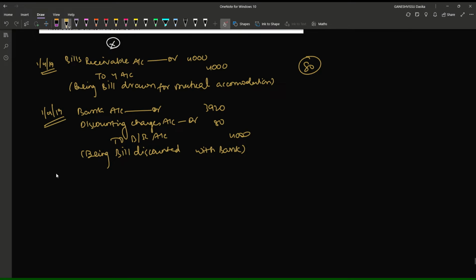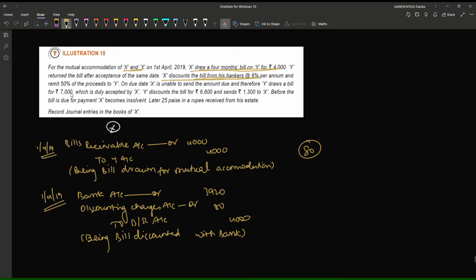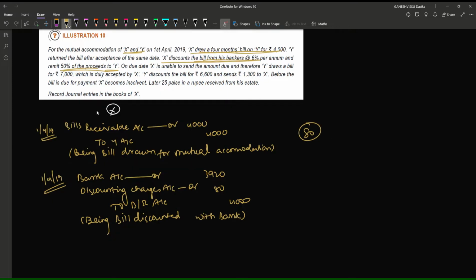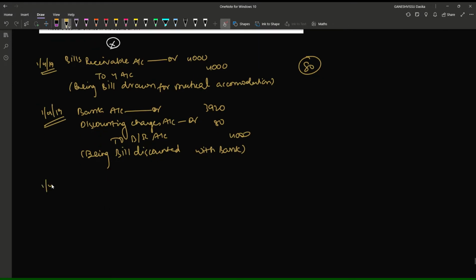And on the same date, he has remitted 50% of the proceeds to Y. So on 1/4/2019 we need to pass one more entry sending the amount to Y. So Y account debit to bank account, to discount account also we need to have. Why?